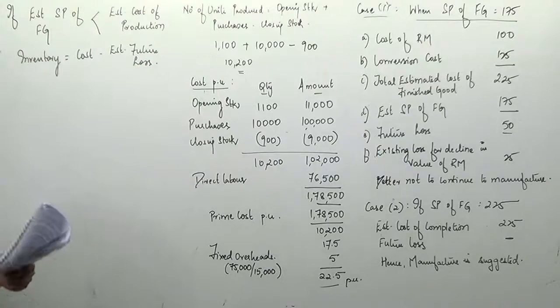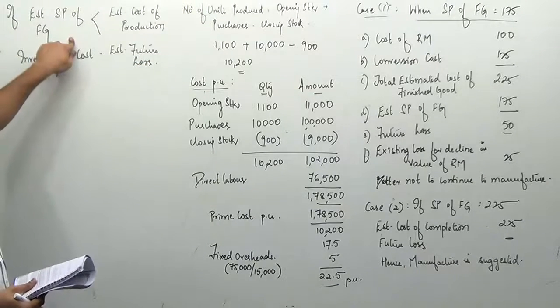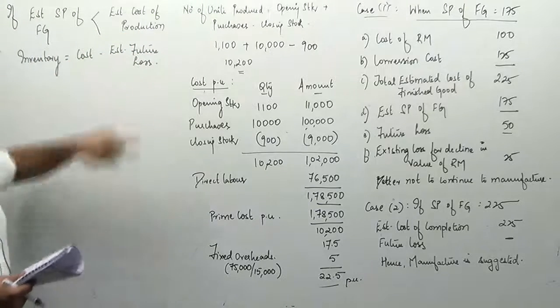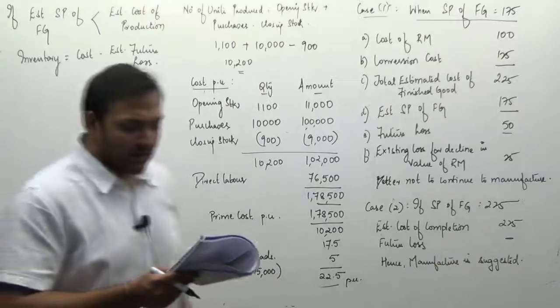This is what we have read. Whenever the finished goods is expected to be sold less than the cost, then I'll value the inventory at cost minus estimated future loss.